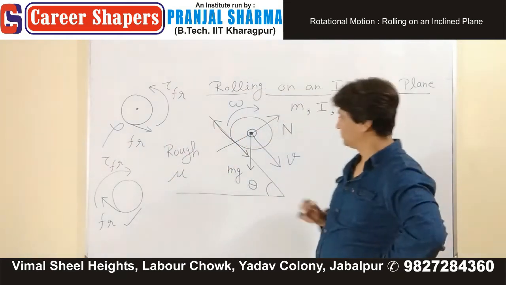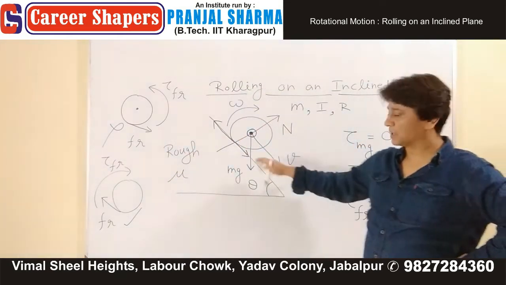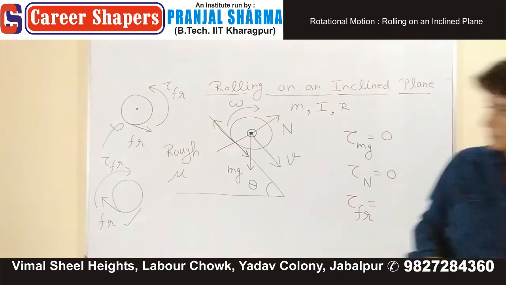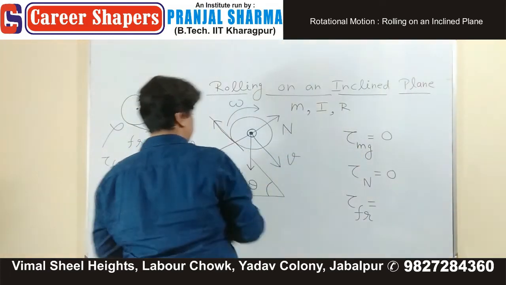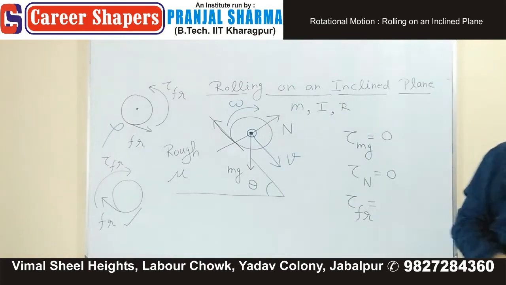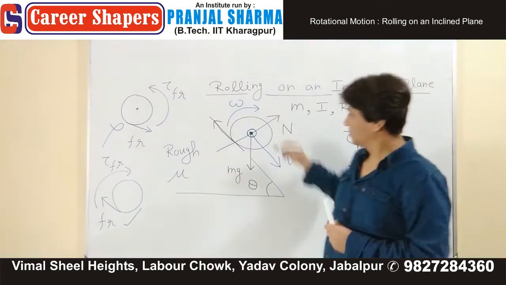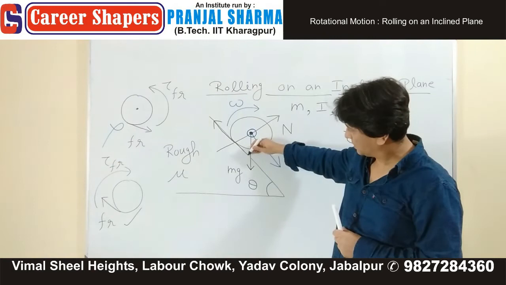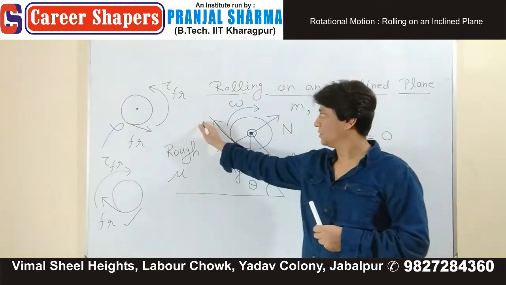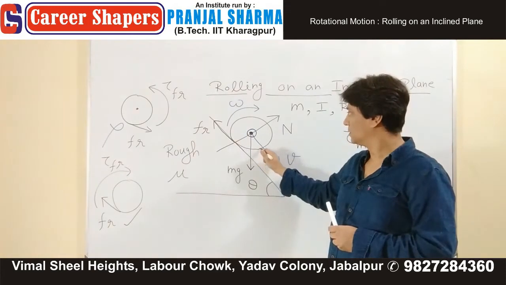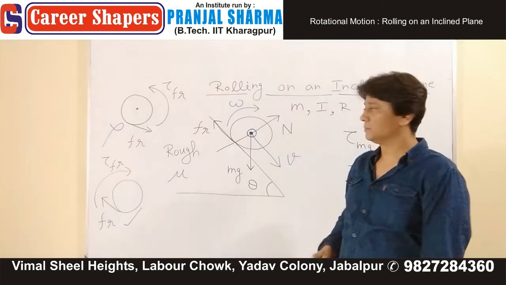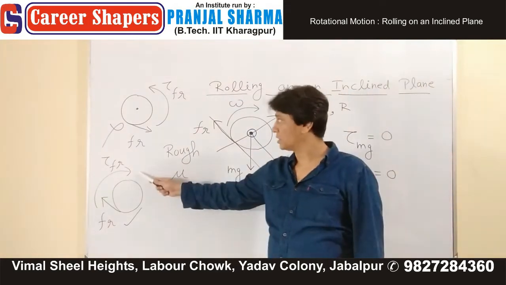Like this. So for this side up, direction of friction is this. This is your force of friction. So that you can produce what?